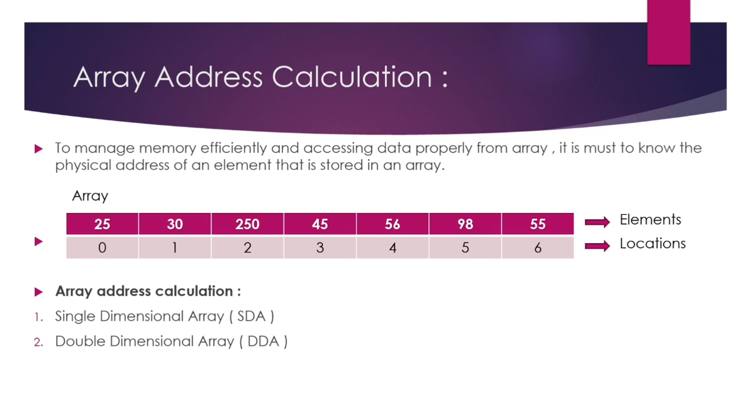So that we can access that element as fast as we can and get the result properly. You have to remember that in memory, whenever we have an array, it is placed in a row only. Either it is single dimensional, double dimensional or multi-dimensional, anything is stored row-wise only.